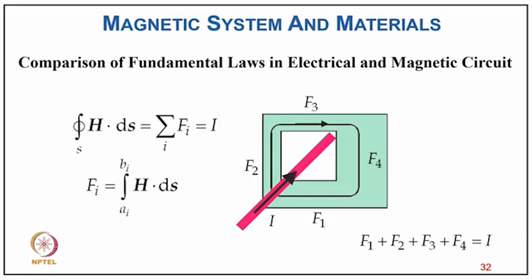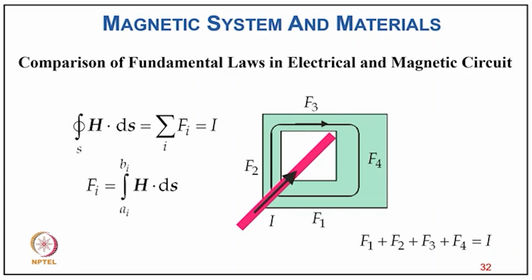A typical example of the fundamental law of electrical and magnetic circuits is the total MMF. You can calculate it as a line integral of the magnetic field intensity along the distance of the magnetic path.